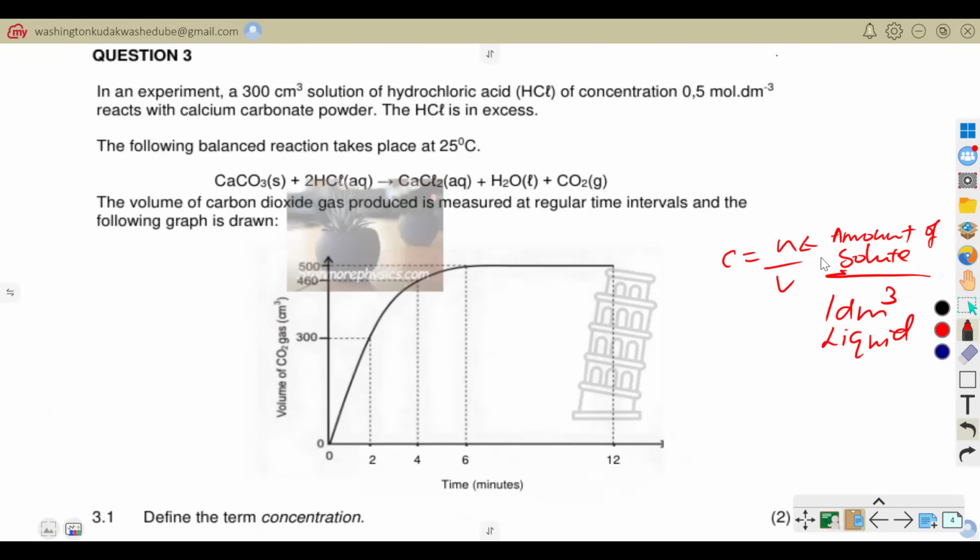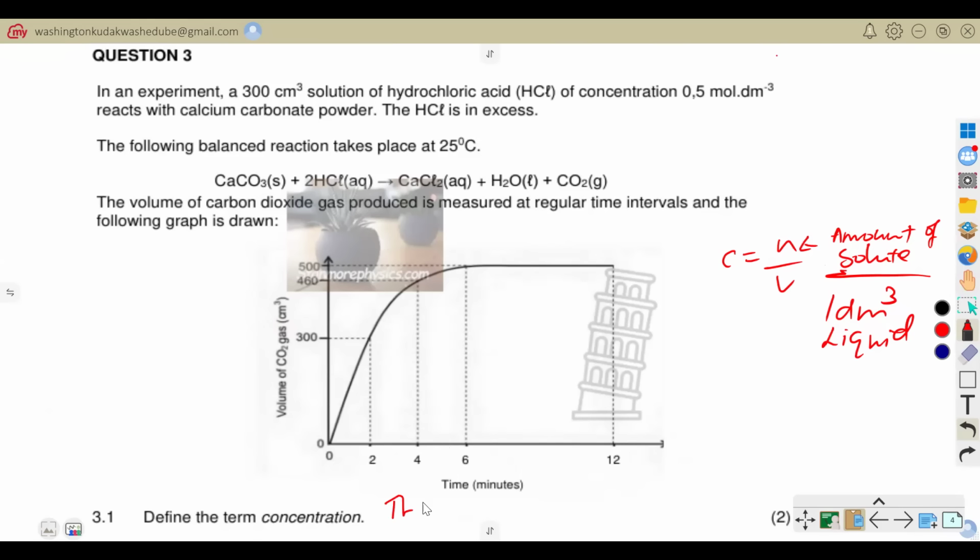So if you are now defining concentration, you just come and say the total amount of solute in moles per unit volume of liquid. When you say unit, you mean 1 decimeter cubed. So you can actually get to say that your concentration is defined as the amount of solute.